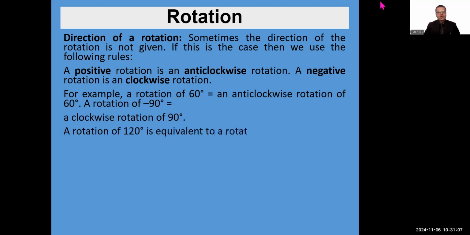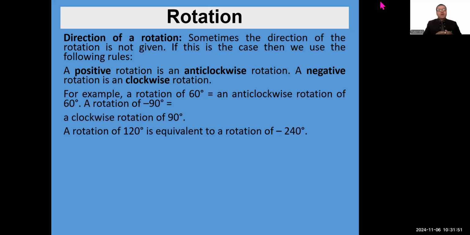A rotation of 120 degrees is equal to a rotation of minus 240 degrees. A rotation of plus 120 degrees, positive 120 degrees, means in anti-clockwise direction. So from here, if we move 120 degrees in anti-clockwise direction, that would be the same position as a rotation of minus 240 degrees.